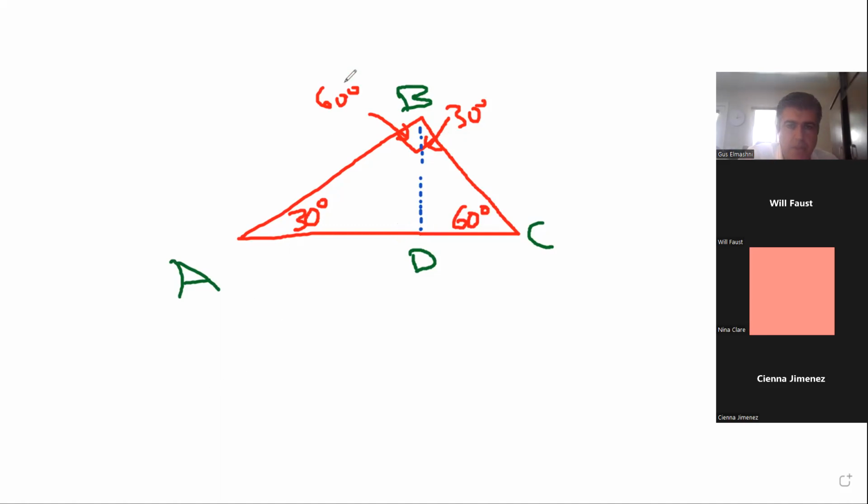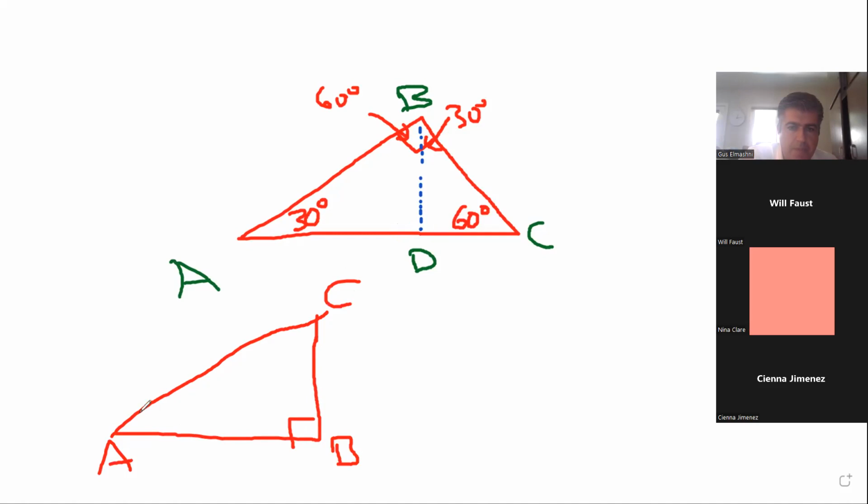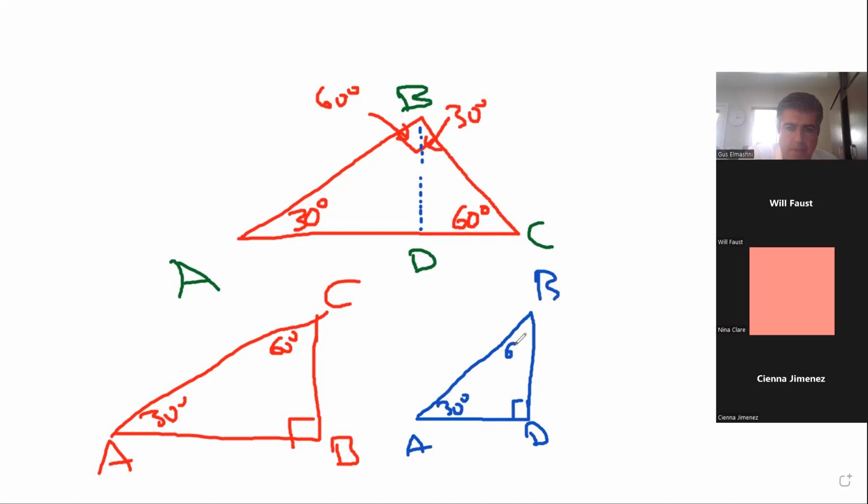So if I were to redraw these three triangles, here's the whole triangle again, and I reoriented it. So that's B, ABC. Remember, that's 30 degrees. Angle C is 60 degrees. And then if I look at one of the smaller right triangles, let's say ADB, that's 30 degrees, that's 60 degrees.